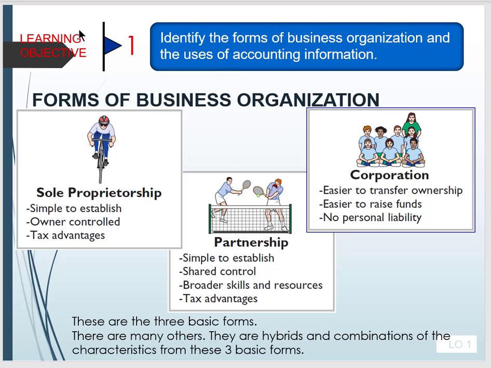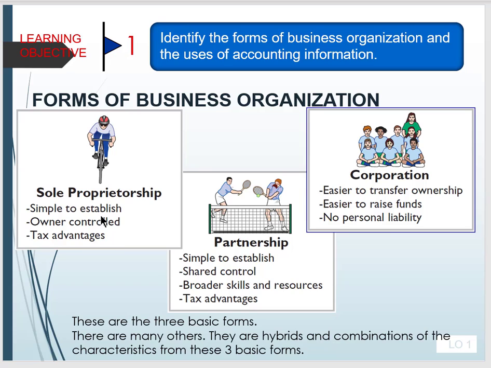So what kinds of business organizations do we have? And when they talk about organizations here, they're talking about a form. There are three basic forms. A sole proprietorship is the simplest to establish. It really is just one person. So you can start your own business. You don't need to have employees.